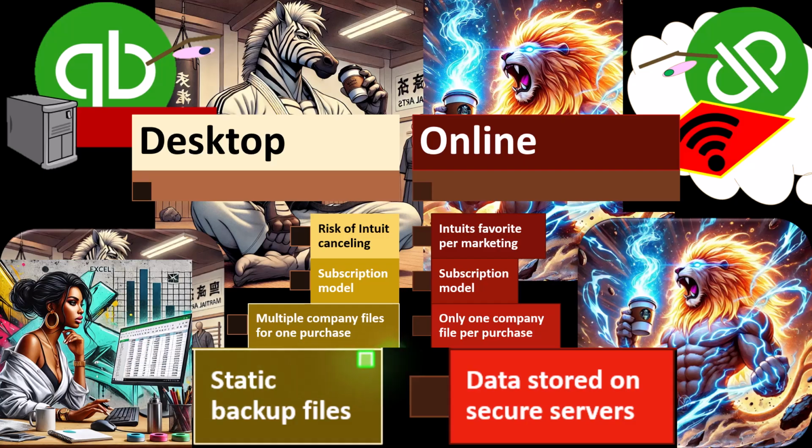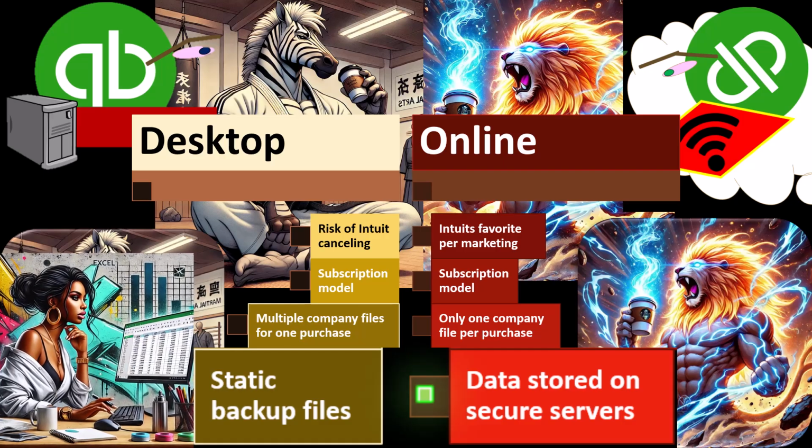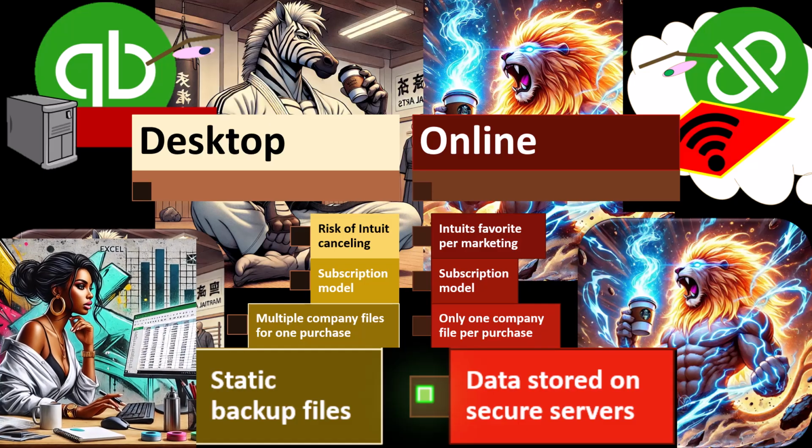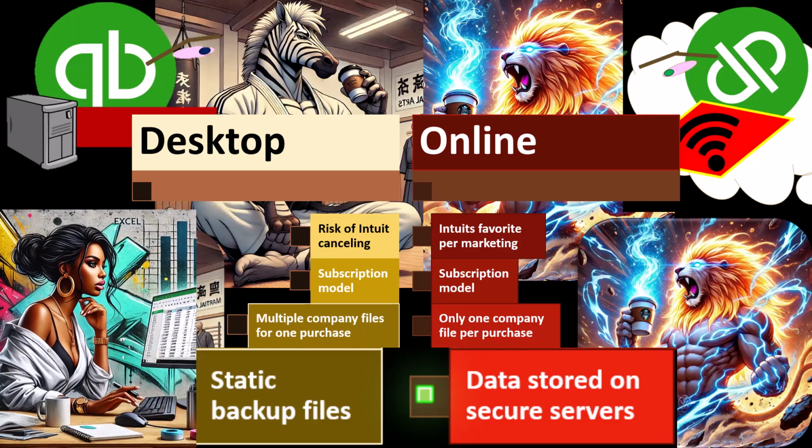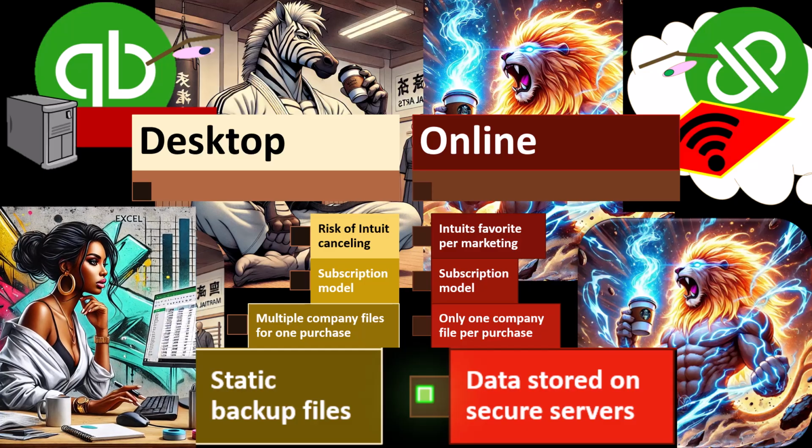Whereas on the online version, the argument is that it's on the Intuit servers. You're on the cloud. You're logging in online into the Intuit servers. There is a physical place where the data is, but it's on Intuit servers, and they theoretically back those servers up quite well.